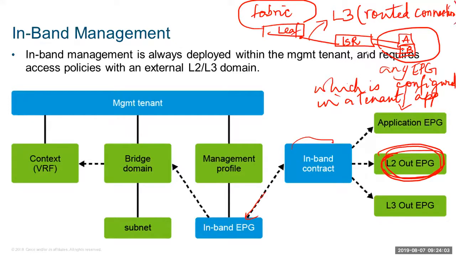Any devices past the ISR router or your 7K, whatever the routing devices, we consider them layer 3 external EPGs. We will be discussing those two aspects, layer 2 and layer 3, in a later chapter. So you can have hosts in the layer 3 external also communicate to your in-band EPG. That's what it's showing you. You can configure it in two modes, layer 2 or layer 3.